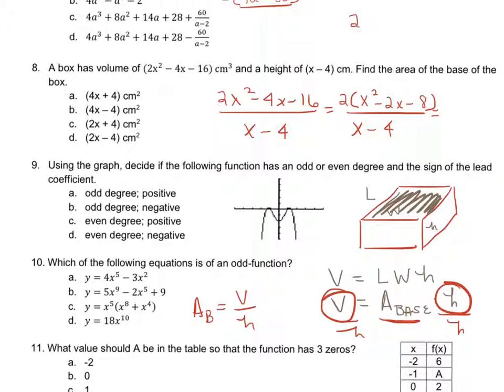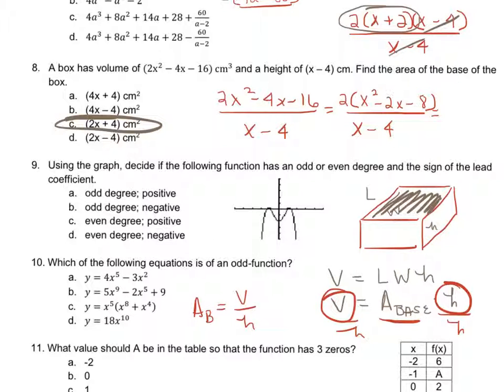My numerator, I've got the 2, and x, and 2 times 4, and negative and positive, all over x minus 4. So I have common factors that would just cancel out. What remains is my answer, 2x plus 4. That looks like answer C. So that's the reasoning behind that problem.